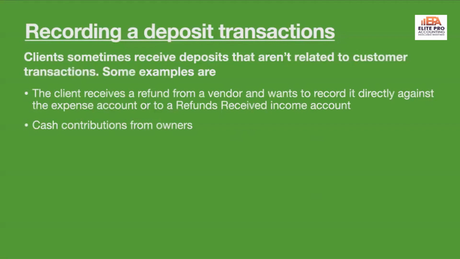Then in that case, you don't want to put it as income because that's not your income. That's something you need to adjust to your equity account, or you can say your owner's account. So in those cases, you can park it into the deposit transaction account.